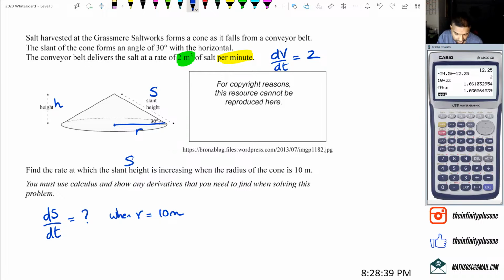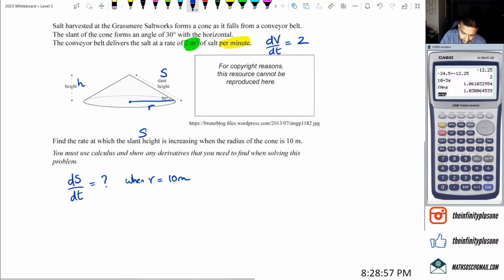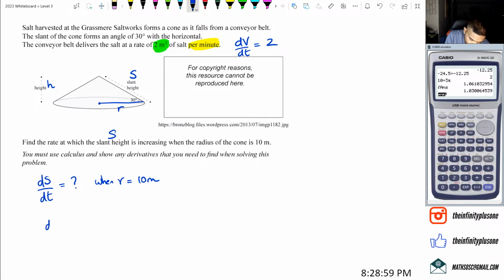The first thing to have a look at is that we've got dS/dt, we've got dV/dt. So how do we actually write the formula? That's what I'm going to try and do here. So this is all I have right now. I have dS/dt is what I want, and I've got dV/dt.